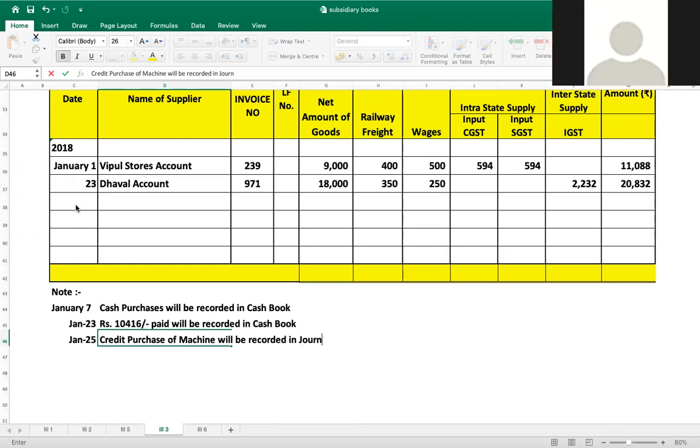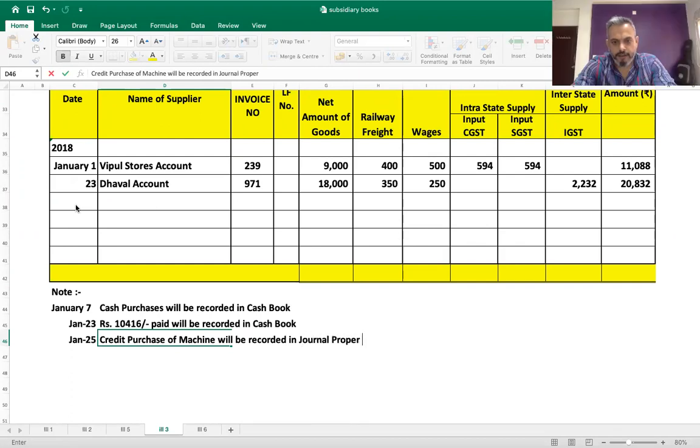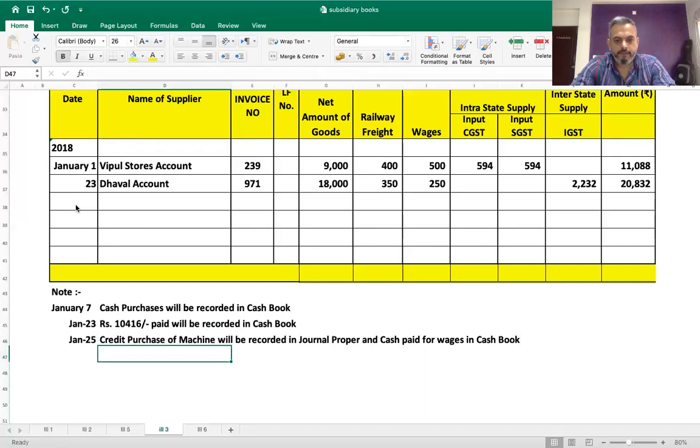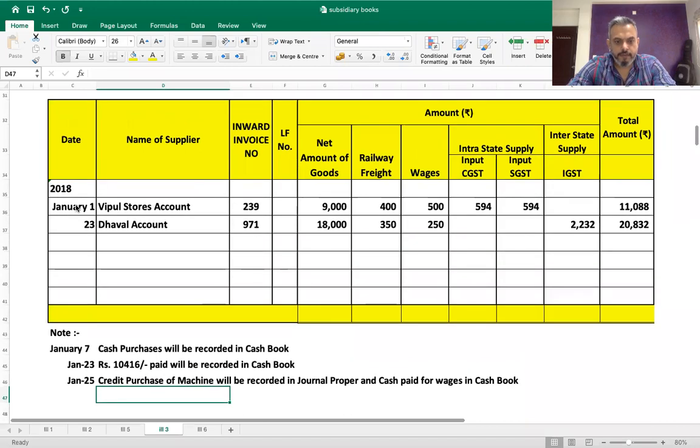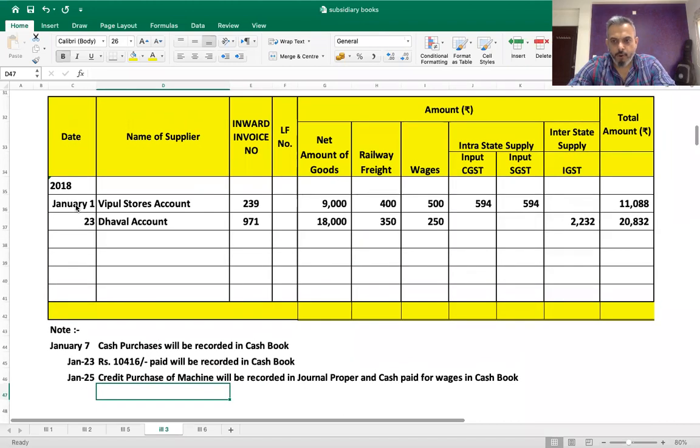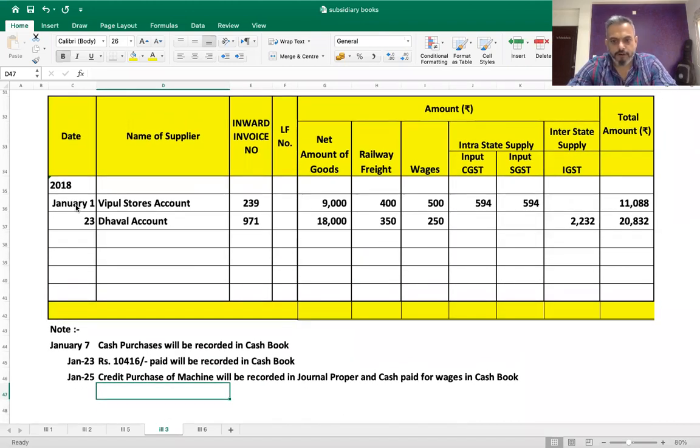Journal proper. And cash paid for wages in cash book.